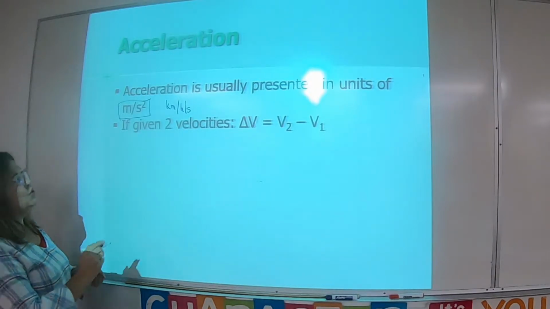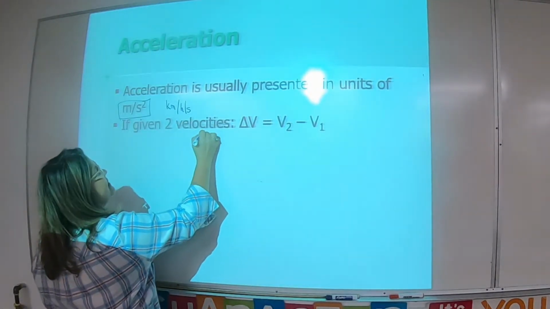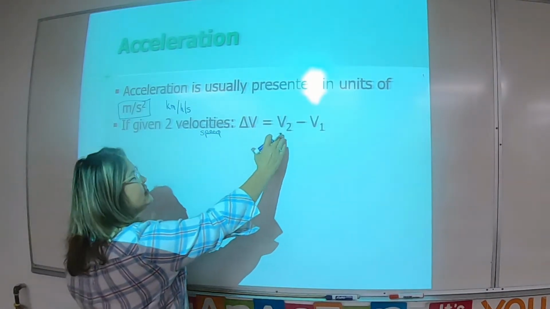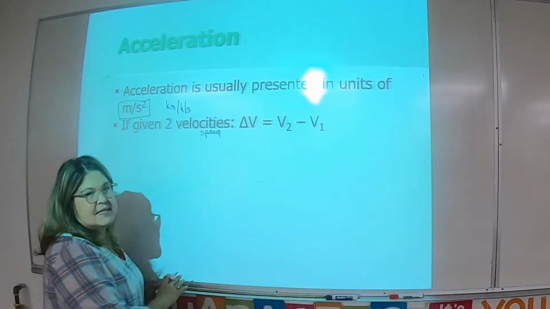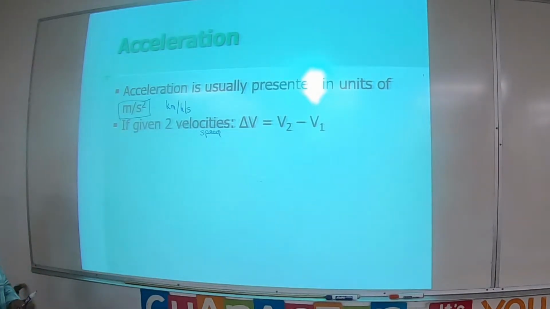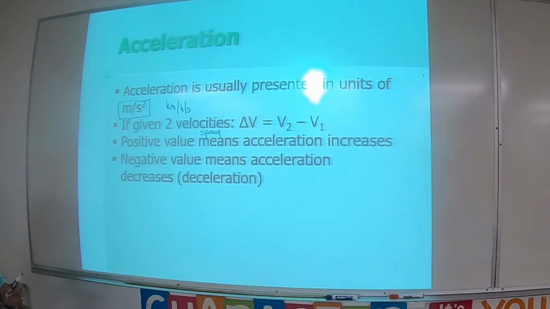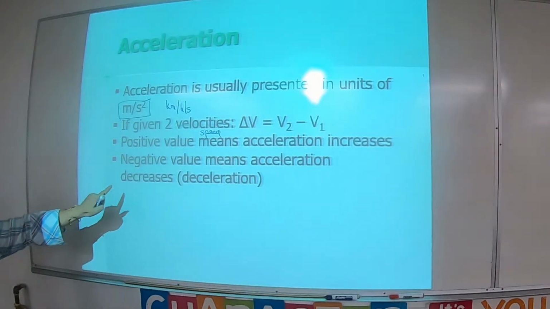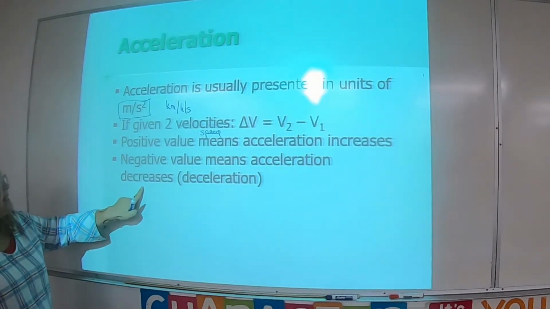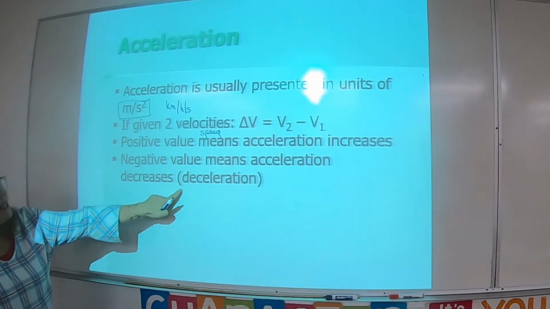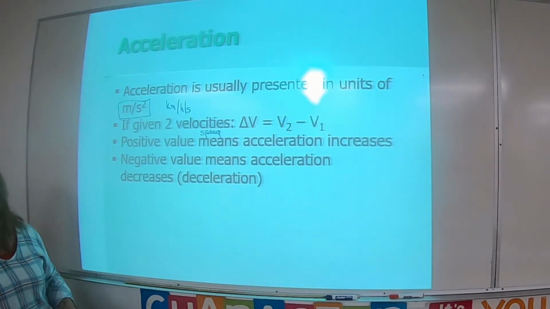Change given two velocities or speeds: change in speed is your final speed minus the initial speed. A positive value means the acceleration is increasing, and a negative value, when you subtract those, means the acceleration is decreasing, and we have deceleration.